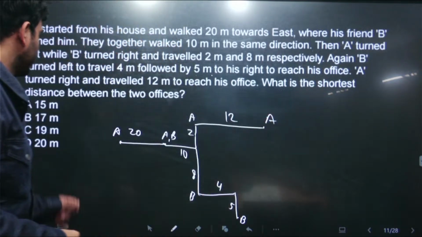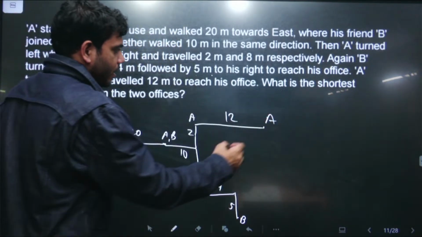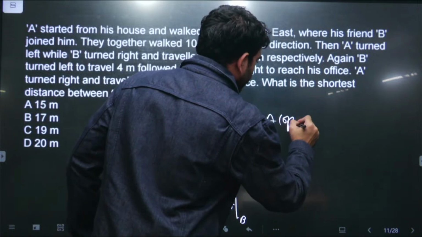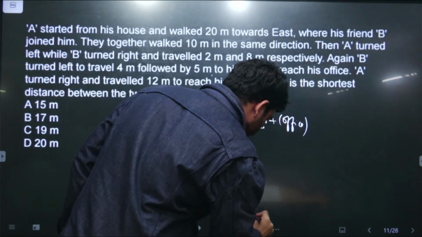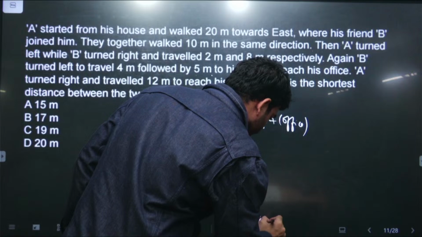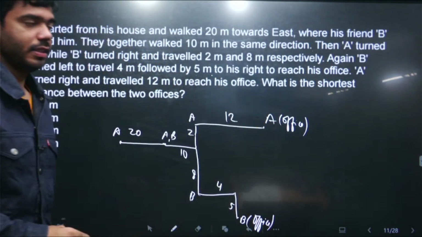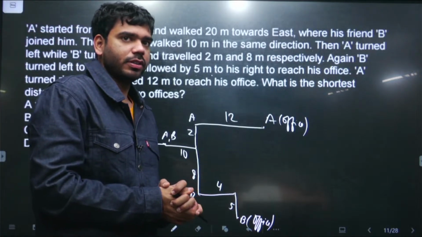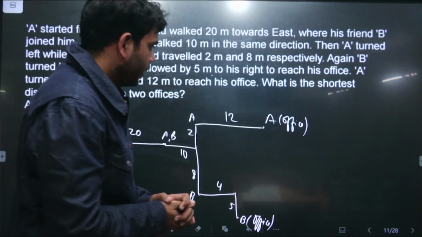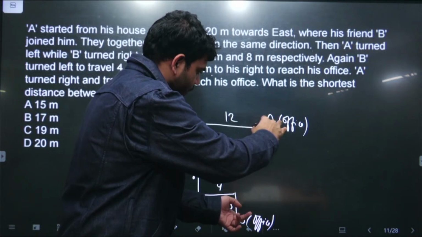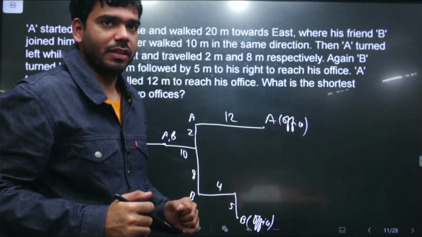Then we need to find the shortest distance between the two offices. This is A का office and this is B का office. And we need to find the distance between this and this. For this distance, we will directly use Pythagoras theorem. उसके लिए हमको करना क्या होगा? We have to find the vertical distance between these two points and the horizontal distance between these two points, right?